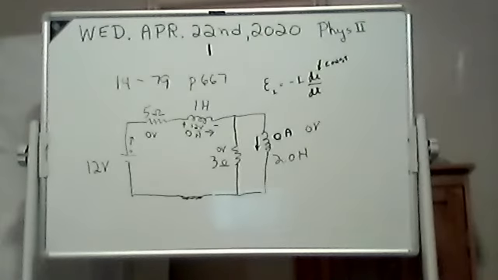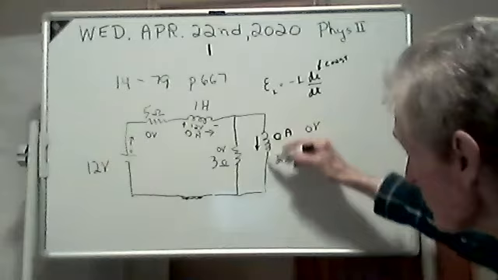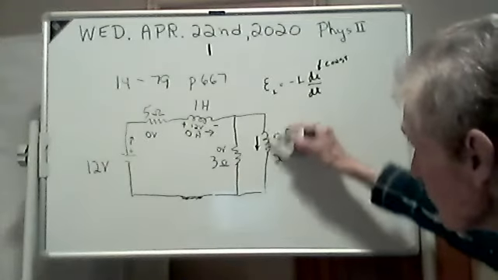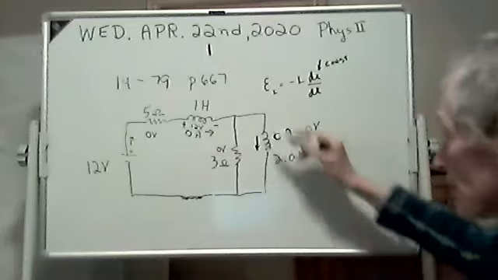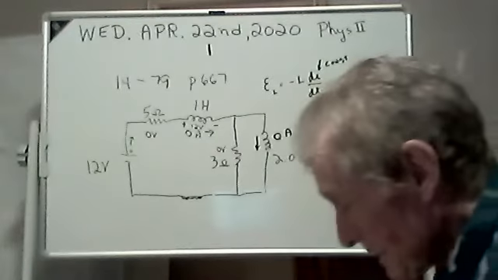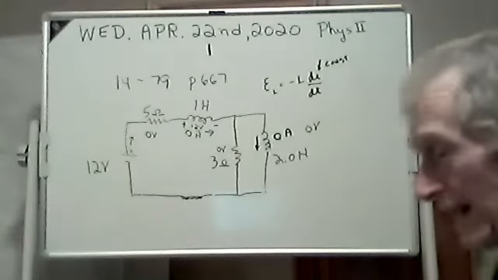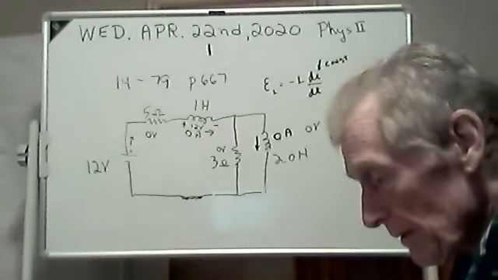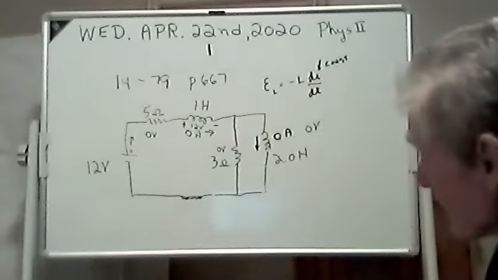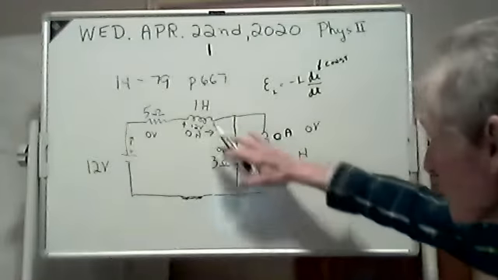I think that your entire current will go through this. It will go through here. There won't be any current going through here. How do I explain that? It acts like a short. It becomes the easiest path for the electrons to flow through. Yeah, and all the current.